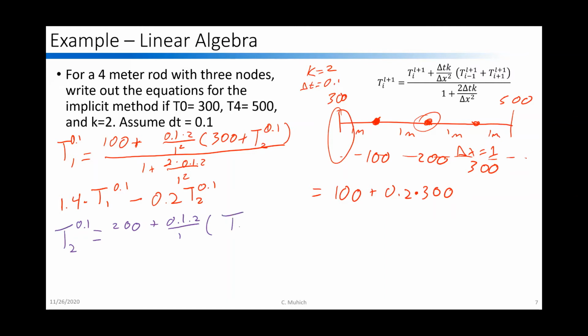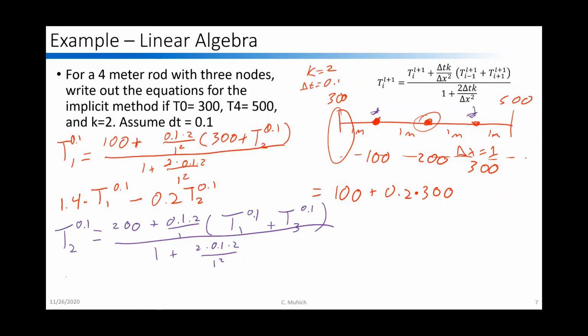Well, that's T1 at 0.1. The point to my right, I also don't know that point, so that's T3 at 0.1, all over 1 plus 2 times 0.1 times 2 over 1 squared.